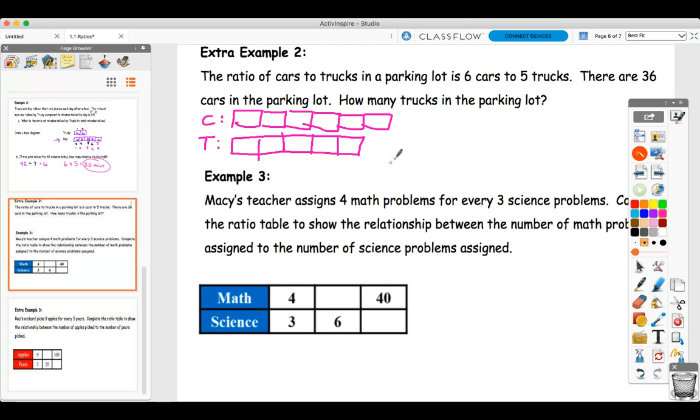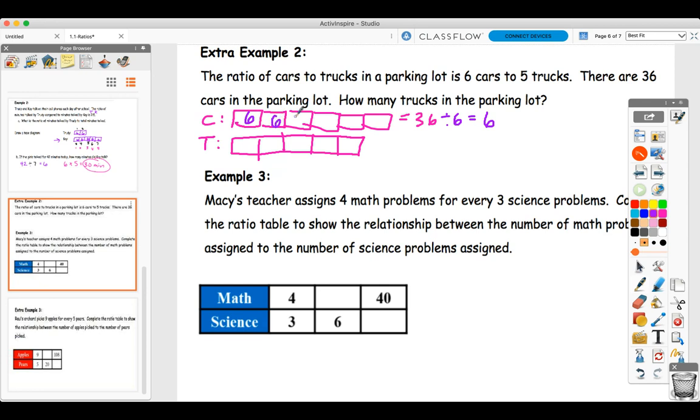Okay, so we know that the total of this is 36, and there are 6 pieces: 1, 2, 3, 4, 5, 6. So what we're doing this time that's different from the other is we know that there's 6 parts here, so we're going to be dividing this 36 by 6. So that is 6. So each of these represents 6 vehicles.